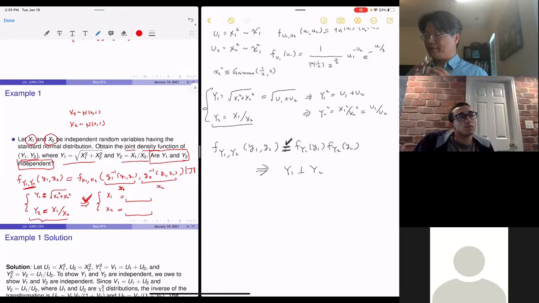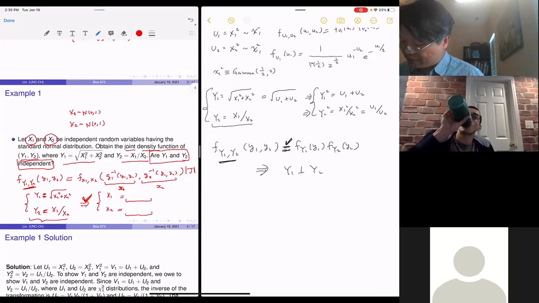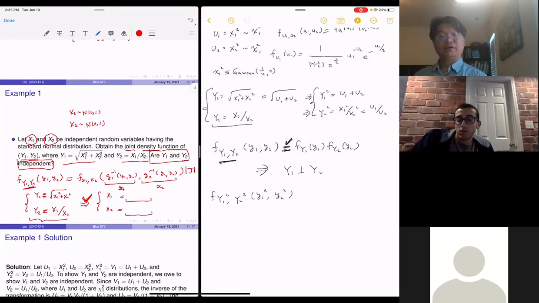I don't think I'm going to deal with Y1 and Y2. Instead, I'm going to deal with Y1 squared and Y2 squared. How about that? I possibly won't be able to derive the Y1 and Y2 joint PDF. Instead, how about deriving the Y1 squared and Y2 squared joint PDF?